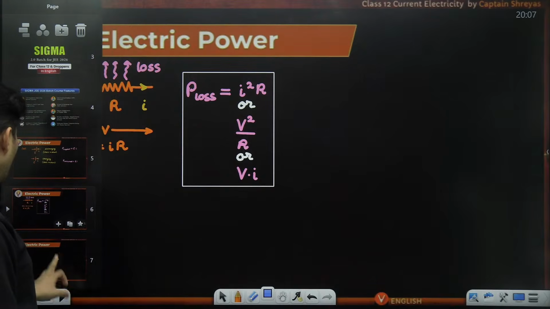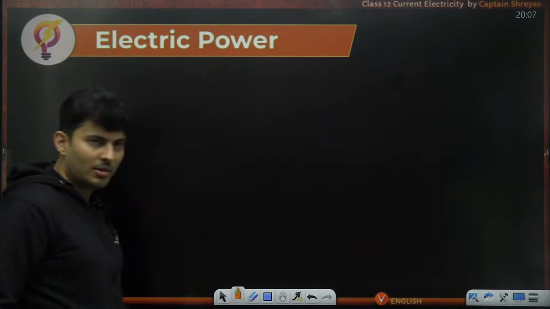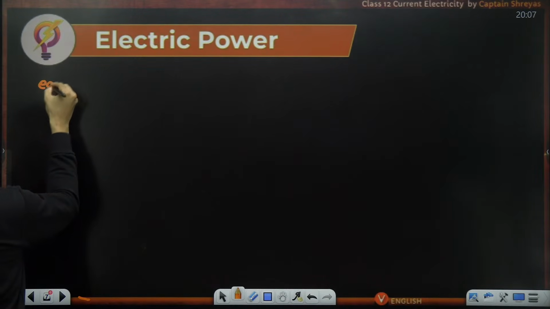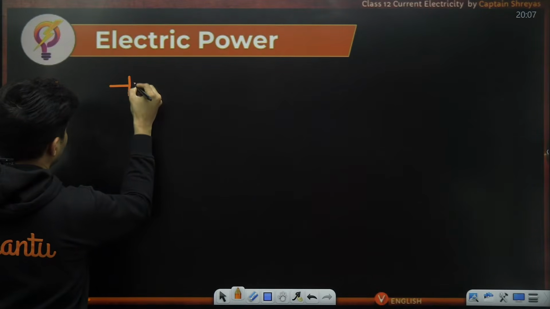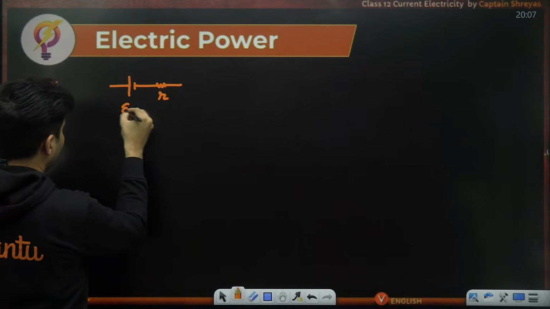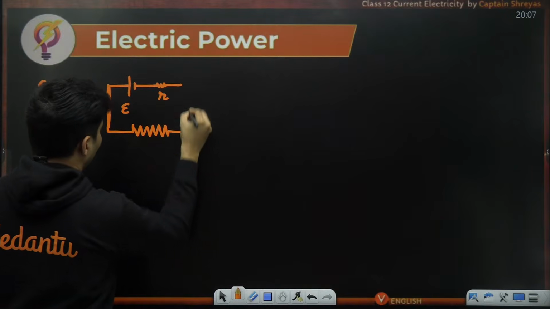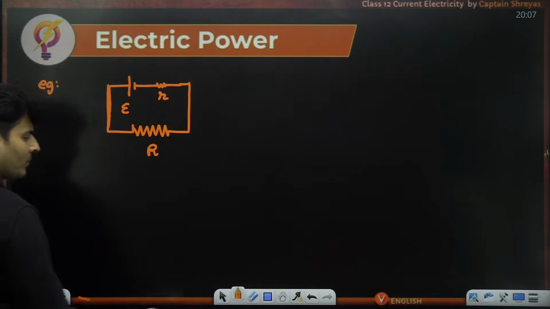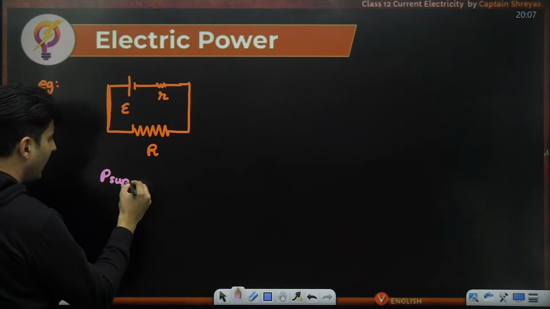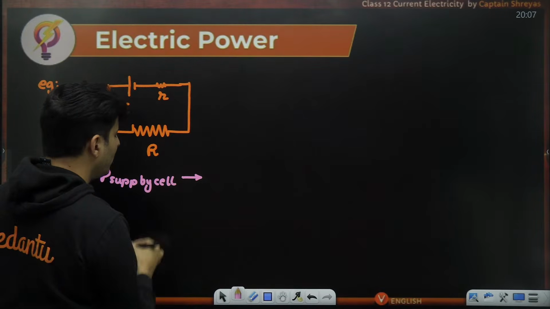Now let me show you some very interesting scenarios, which you could do via energy analysis, my bad. Just imagine this. If there is a cell with some internal resistance, and this is the EMF, and you connect it to some external load device which has some resistance R. In this scenario, the power supplied by the cell is being consumed at two places.